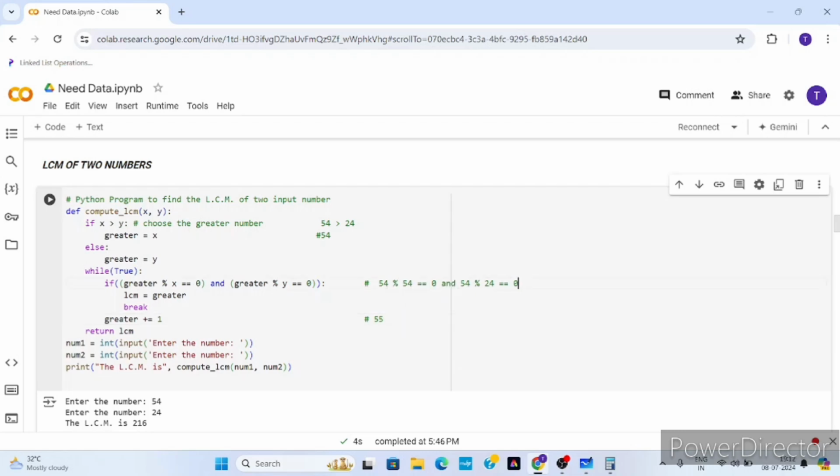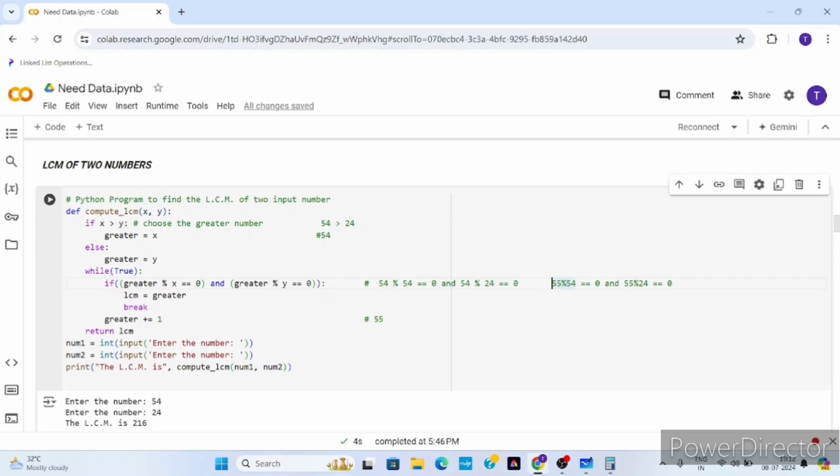So at the next iteration, 55 mod 54 equal to 0 and 55 mod 24 equal to 0. 55 mod 54 is also not equal to 0.